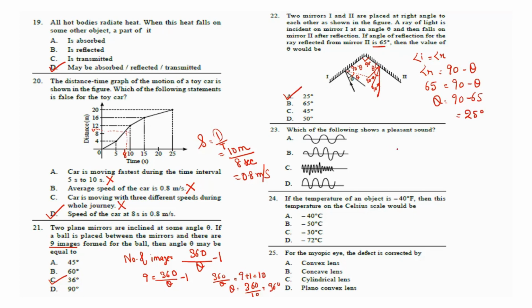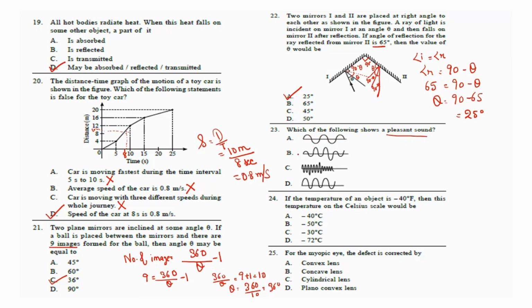Coming to question number 23, which of the following shows a pleasant sound? In case of a pleasant sound, the waves are always equal and in a smooth manner. So, you see, in the first option only, the waves are very clean and very nice. So, since the waves are very nice, definitely the sound will be very much pleasant.